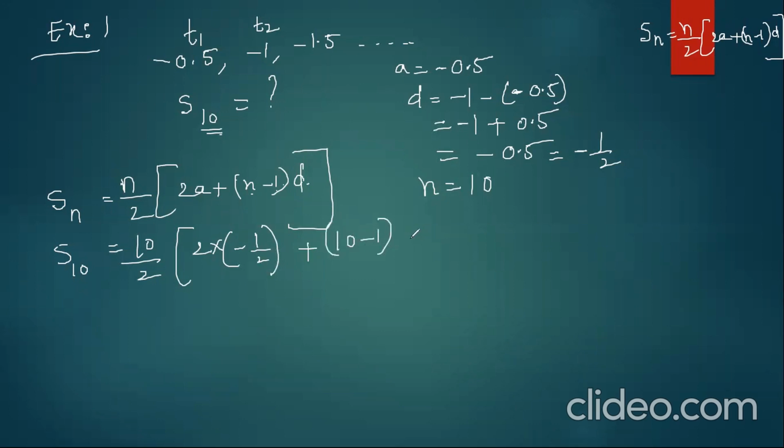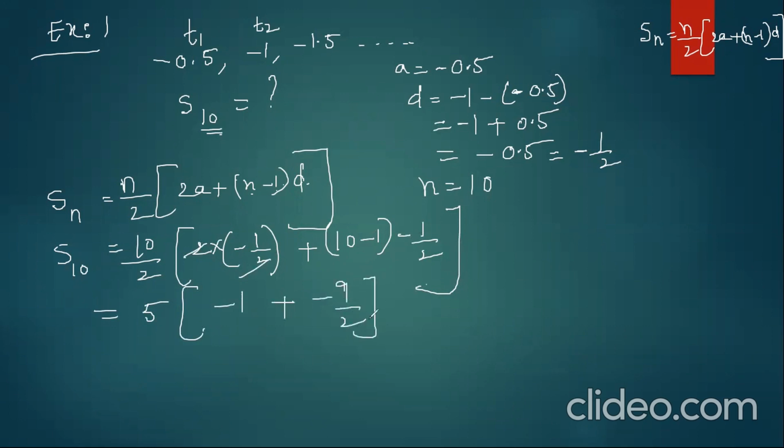What is d? A is 0.5 and d is also 0.5, both are negative. 10 minus 1 into d. What is d? d is again minus half. Okay. So what do we get? 5 into, this becomes minus 1 plus 10 minus 1 is 9, minus 9 by 2.